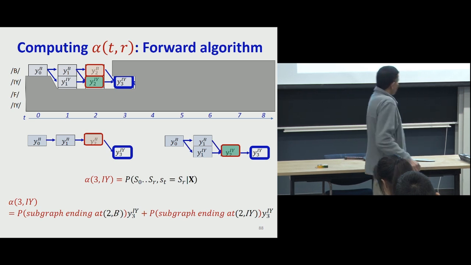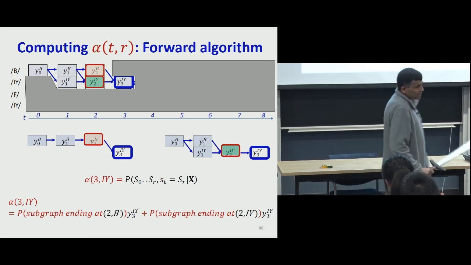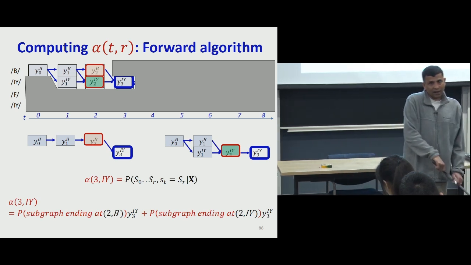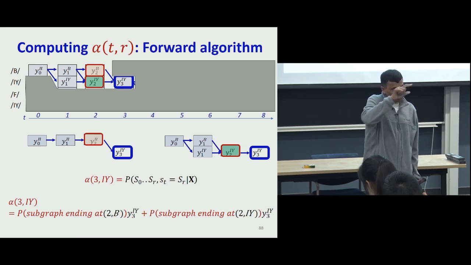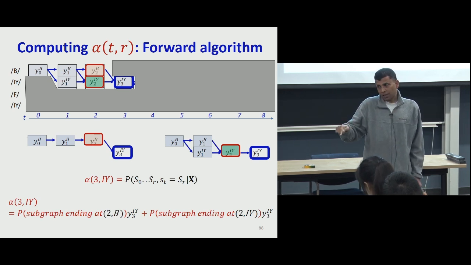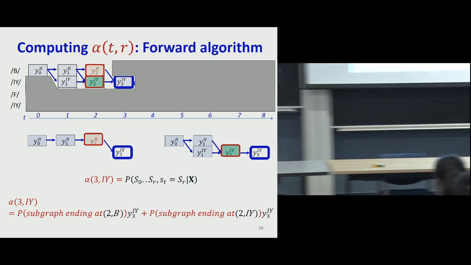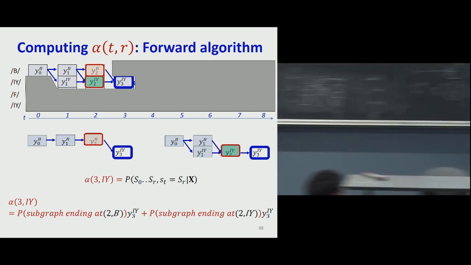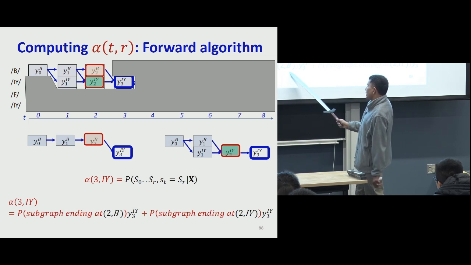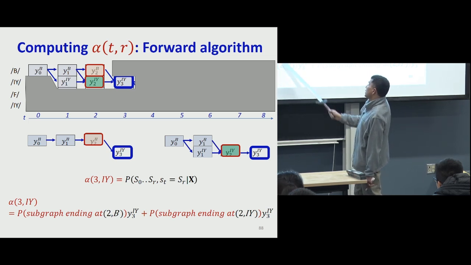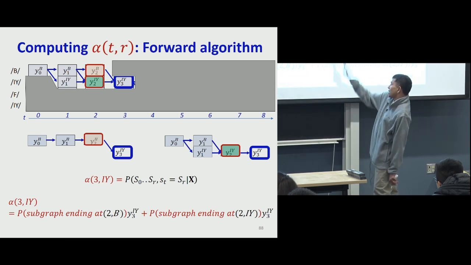Right? So basically I can say the probability, now if I'm going to represent this term as alpha. Alpha TR is the total probability of the subgraph that starts at 0, 0 and ends up at symbol SR at time t. So over here alpha 3e is going to be the probability of the subgraph ending at 2b times y3e.